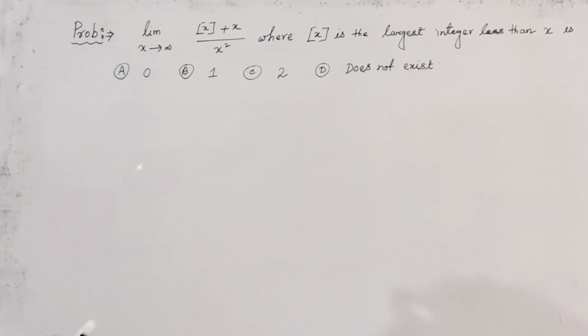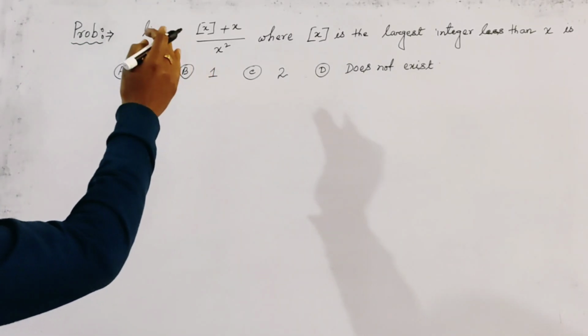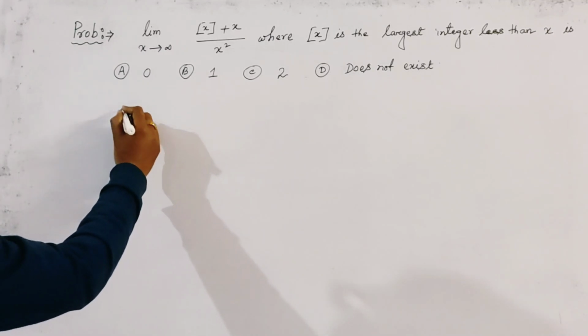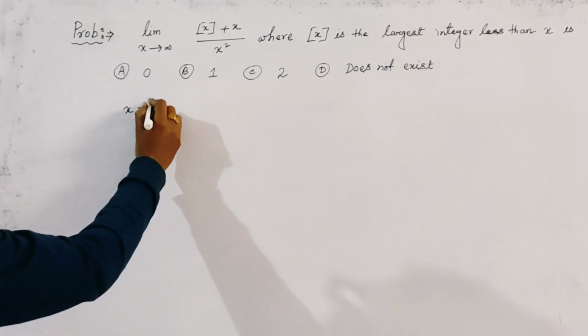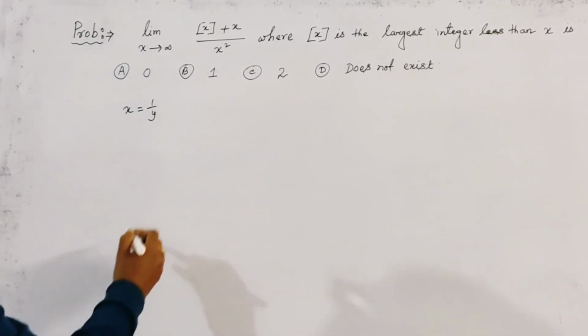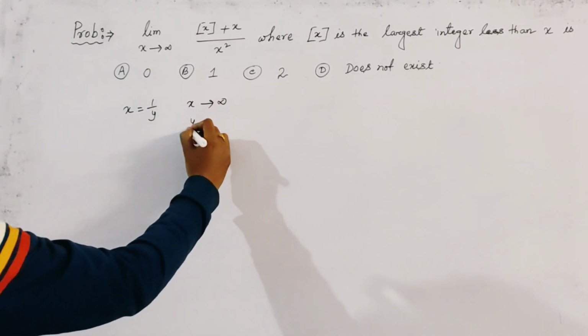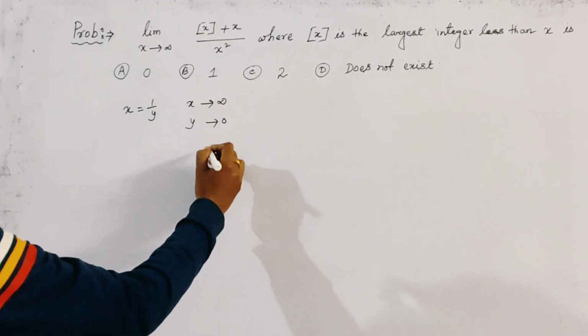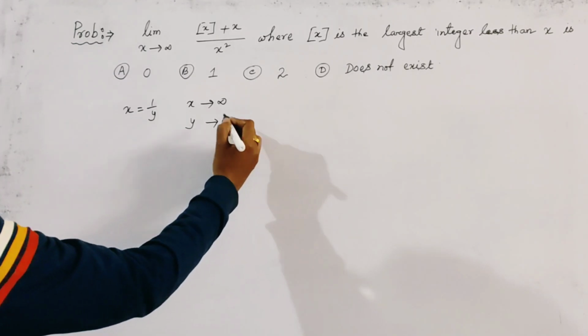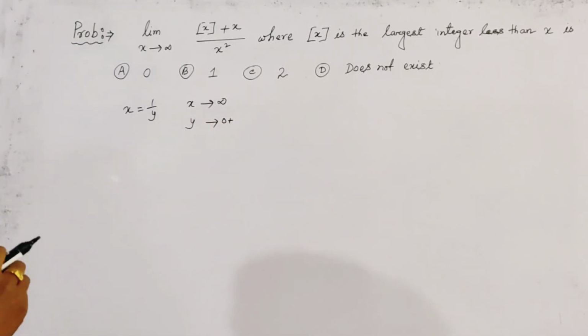Here we can easily find the limit if we put x = 1/y. Since x tends to infinity, obviously y tends to 0, and obviously it is 0 plus, that is positive 0.